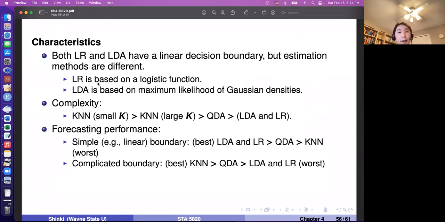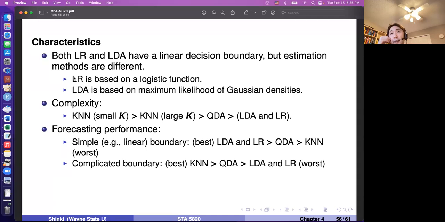Remember that logistic regression and LDA both have a linear decision boundary, but the estimation methods are different. Logistic regression is based on the logistic function, so we have an underlying assumption that the probability is represented by a logistic curve. LDA is based on maximum likelihood of Gaussian densities.